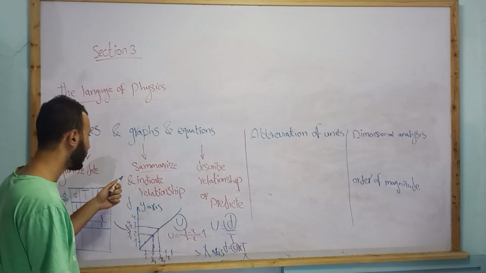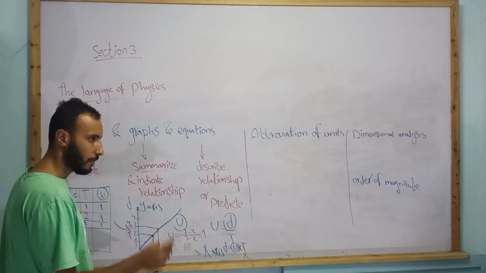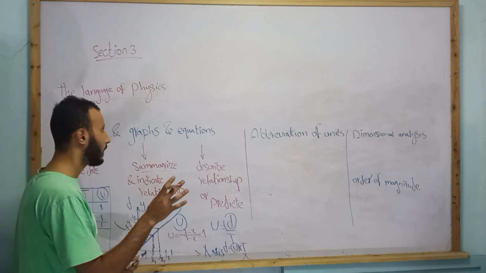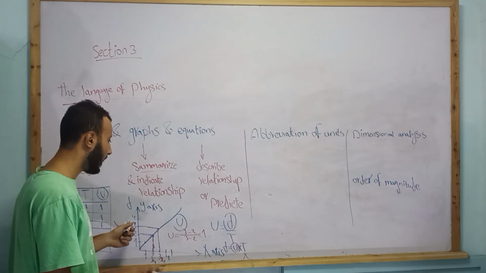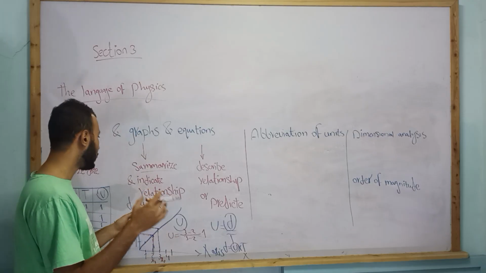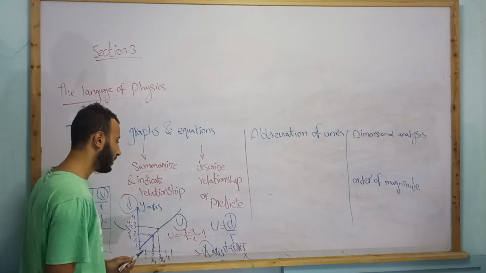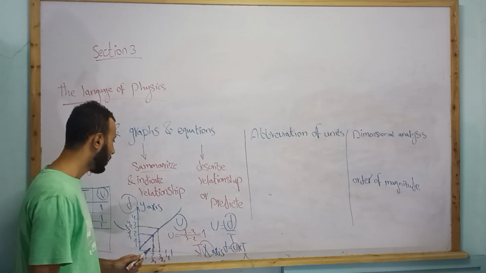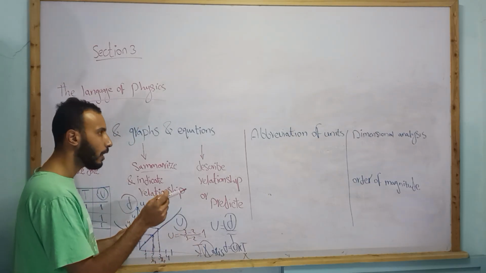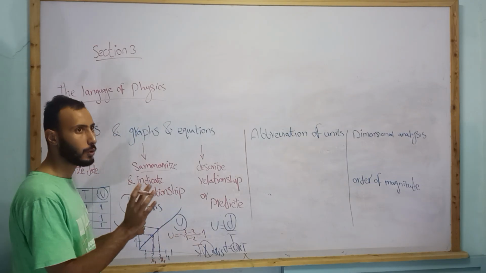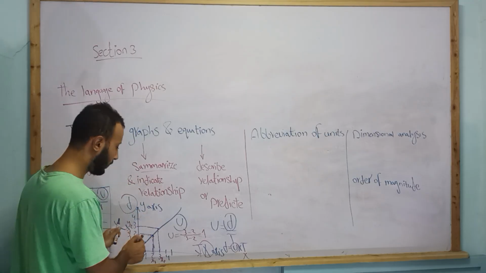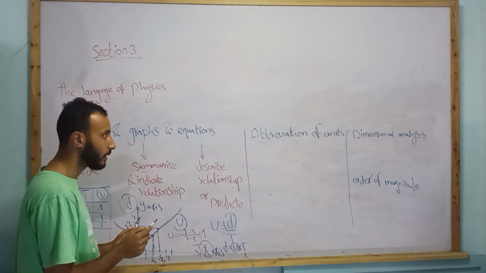How can you summarize the data in graphs? You can know that the relation between the distance and the time is directly proportional only by looking at this graph, because it's a straight line like this.